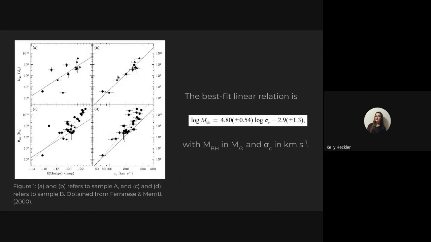We can see that this correlation is remarkable. Sample A, which shows a larger scatter here in figure 1a, now defines a linear relation with negligible intrinsic scatter. According to the authors, this difference in correlations between the two samples may be related in large part to errors in the determination of black hole masses in sample B.